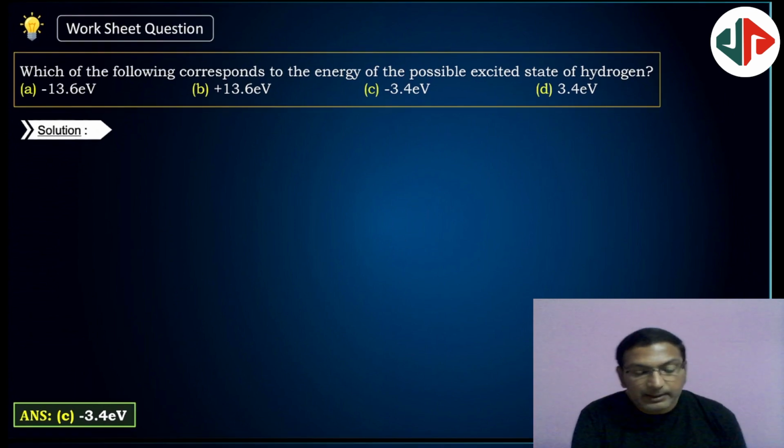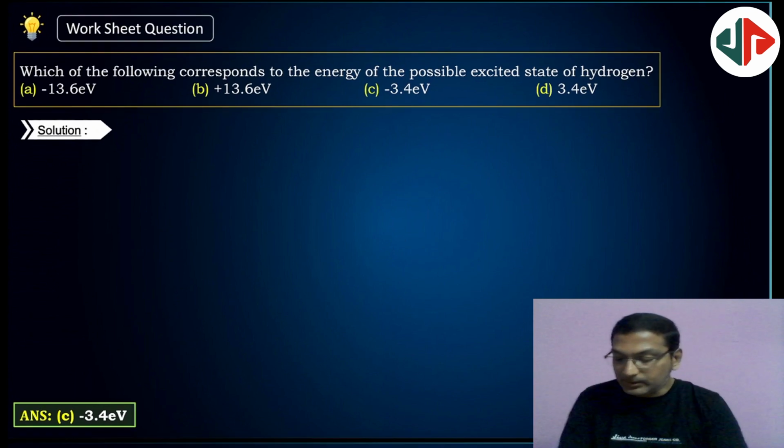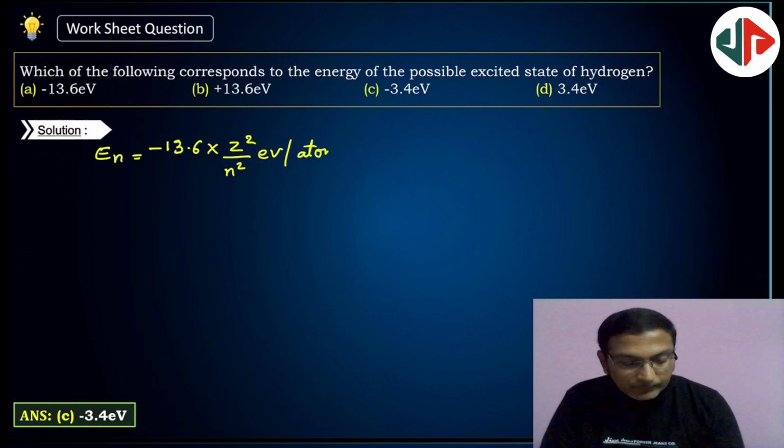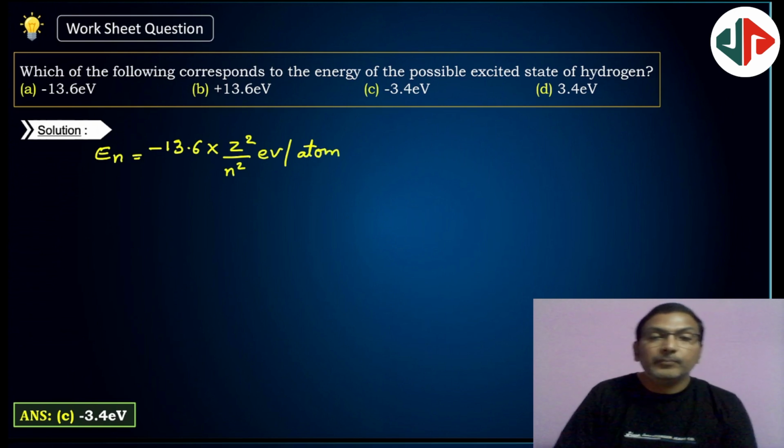Which of the following corresponds to the energy of possible excited state of hydrogen? So we know the energy of an electron in the nth orbit is minus 13.6 into Z square by n square electron volts per atom, which is the fundamental equation.